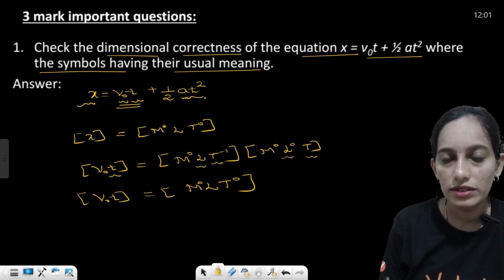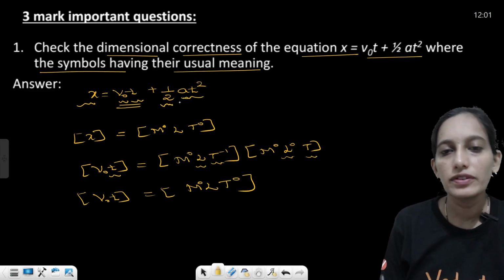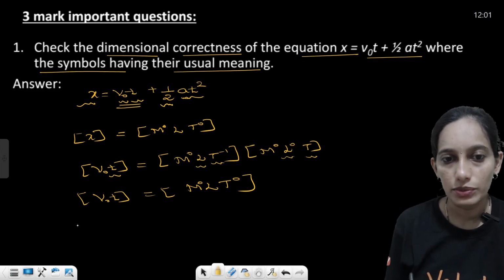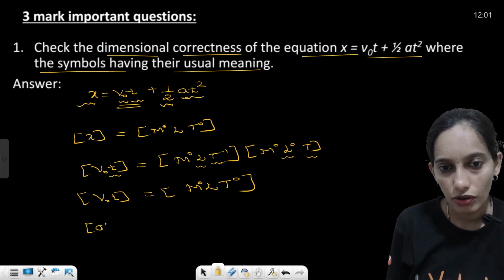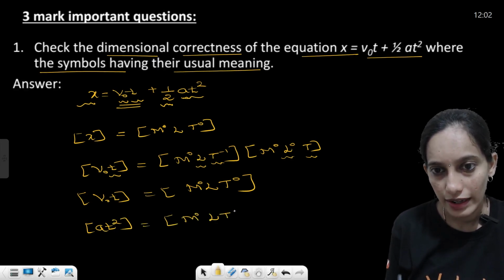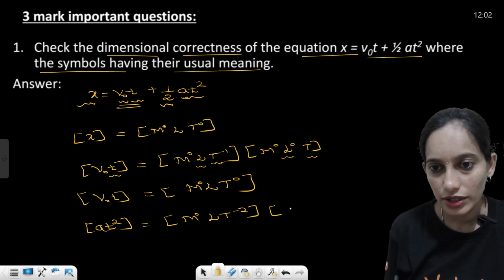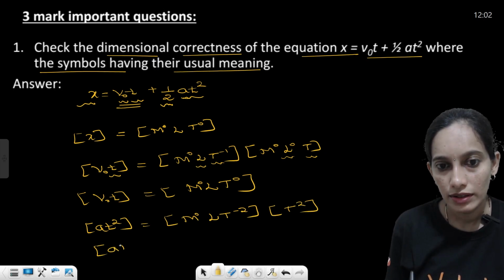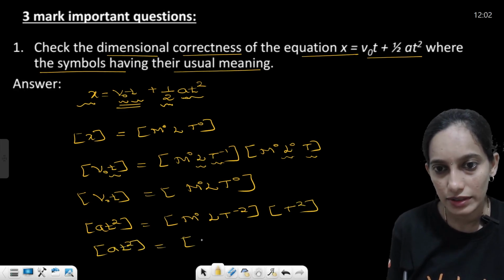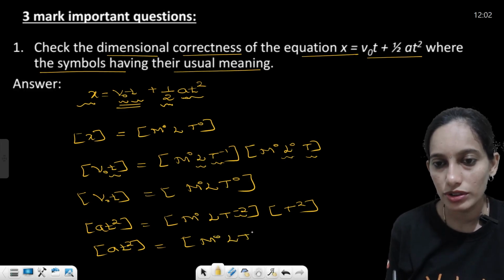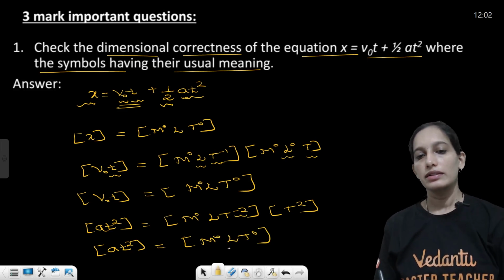There is one more term, half a t square. Here half is just a number with no dimension, so I'll consider the term a t square. Here a is acceleration, that is M0 L T minus 2, into t square, which is T power 2. So the dimension of a t square is M0 L T power minus 2 plus 2, which simply gives T power 0.